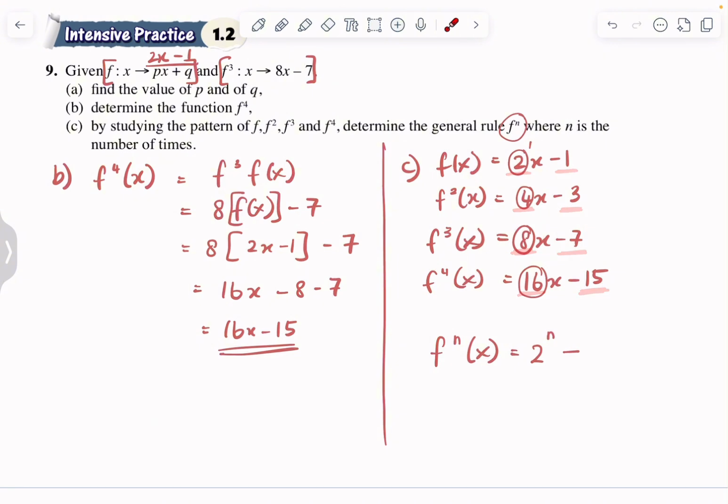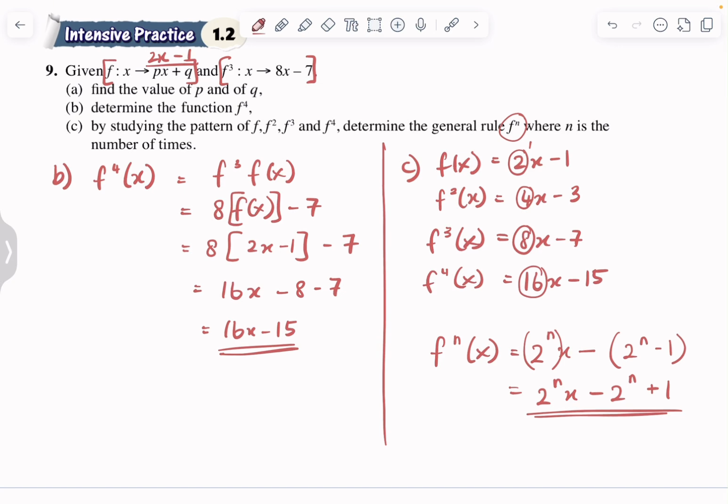So the last number looks like it's 2^n minus 1. Okay, here we forgot to add the x. This is 2^n x. So we can simplify this to write it like this. This is the function. Okay, 2 to the power of n x minus 2^n plus 1.